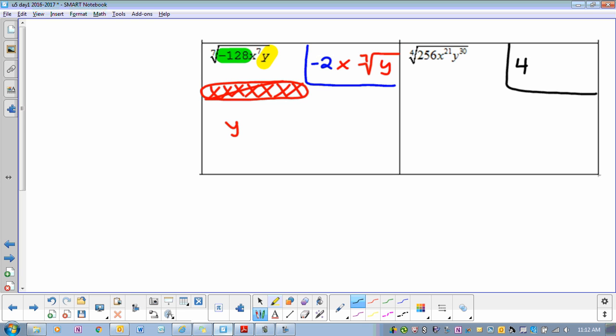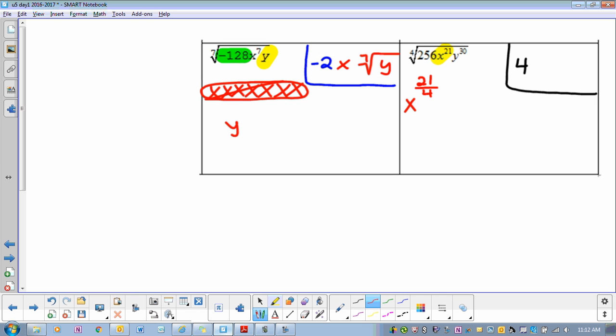Now let's do our variables, guys. X to the 21st power. So I could draw out 21 x's. I really could, but I don't want to. So I'm gonna show you another way. X to the 21 over 4, right?